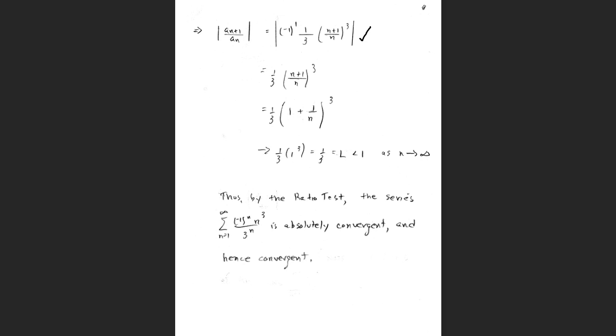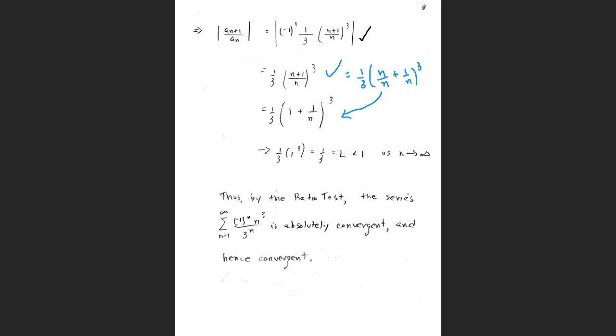The absolute value of -1 becomes positive, so the -1 goes away, and n plus n can be written like this. So then you get to here.